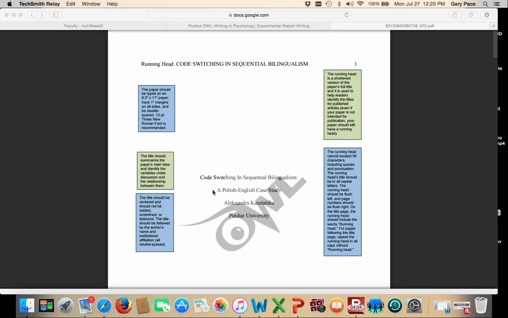Okay, so the title should summarize the paper's main idea and identify the variables under discussion and the relationships between them. So let's take an example that we might use, which is a good title might be The Effects of Non-Contingent Reinforcement on out-of-seat behavior in a child with autism, something like that.